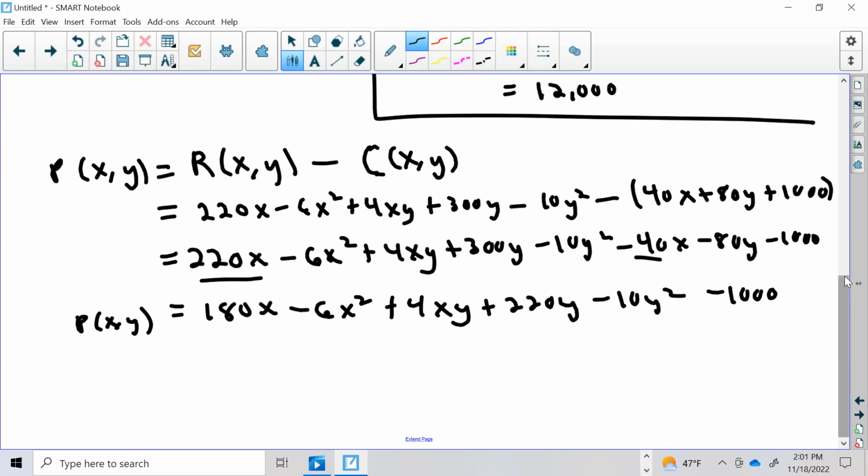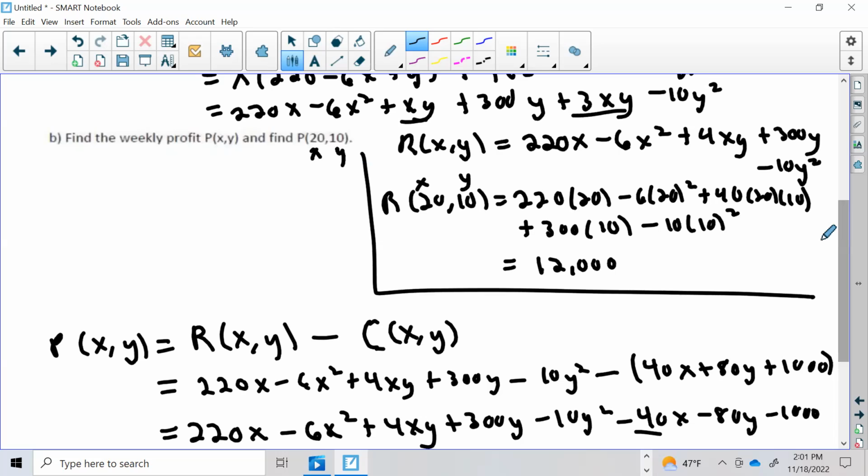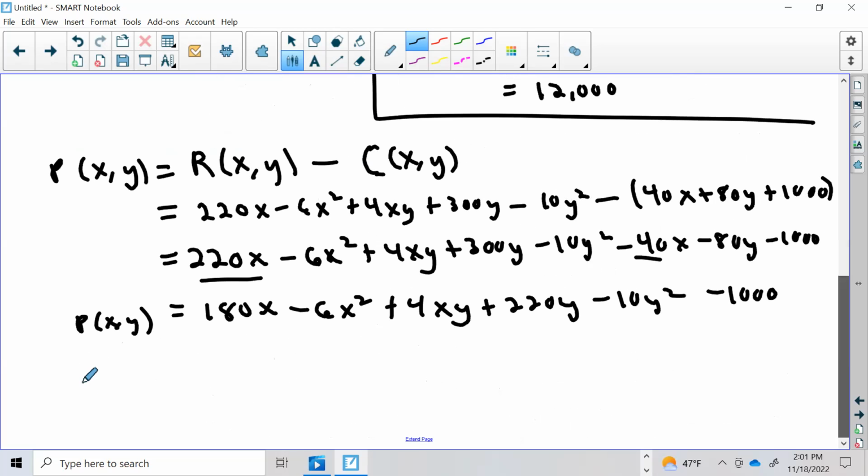And then they asked me to find the profit when x is 20 and y is 10. And so we're going to just substitute that in. So anywhere I see an x, I'm going to plug in 20. And anywhere I see a y, I'm going to plug in 10.